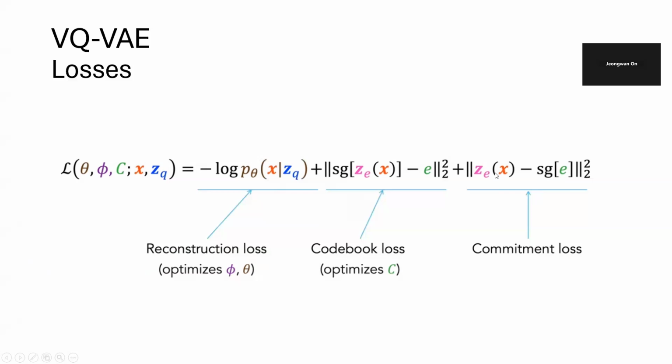The purpose of this part is, as the authors say, so that the encoder output doesn't get too large, and the encoder commits to a particular vector in terms of that nearest neighbor selection.